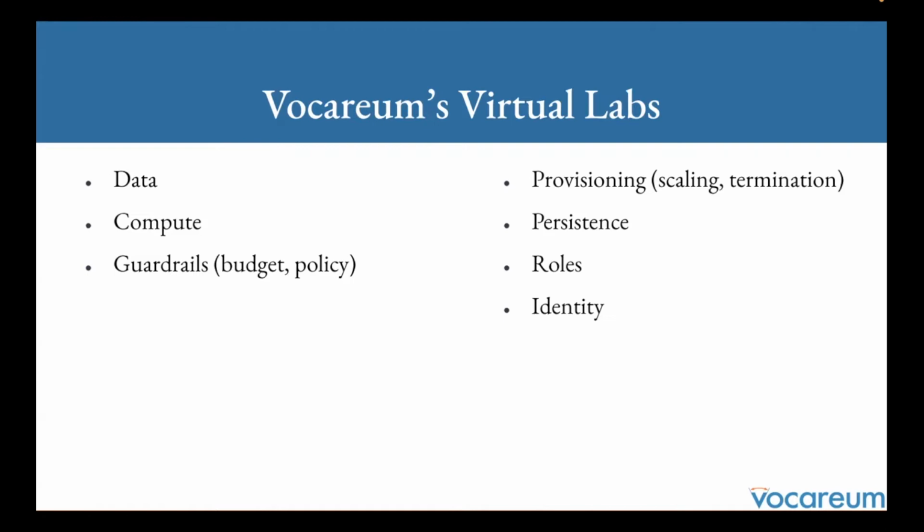When the learner comes to the platform, we make sure the labs are provisioned. We auto scale our infrastructure if needed, and when the learner goes away, we terminate the labs. There is always a data persistence solution in our labs, which means that when the learner comes back to the lab, they don't lose their data.